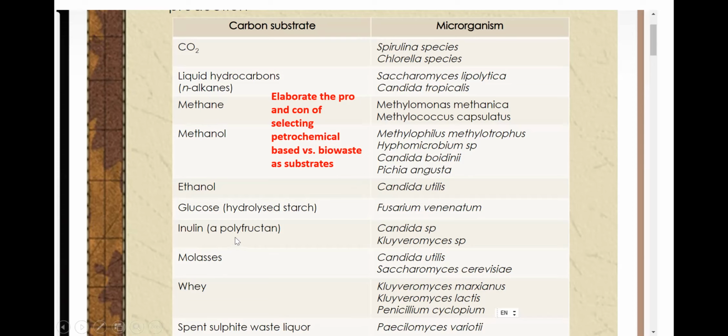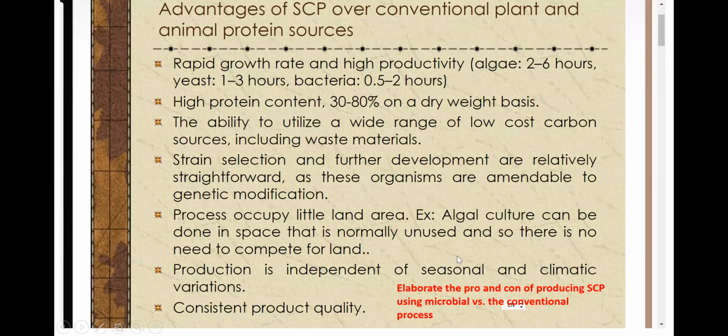Inulin is a kind of polyfructan. I remember it as a prebiotic also. Then glucose can also be considered a bio waste from the starch hydrolysis process. So you can see the range of microorganisms here.